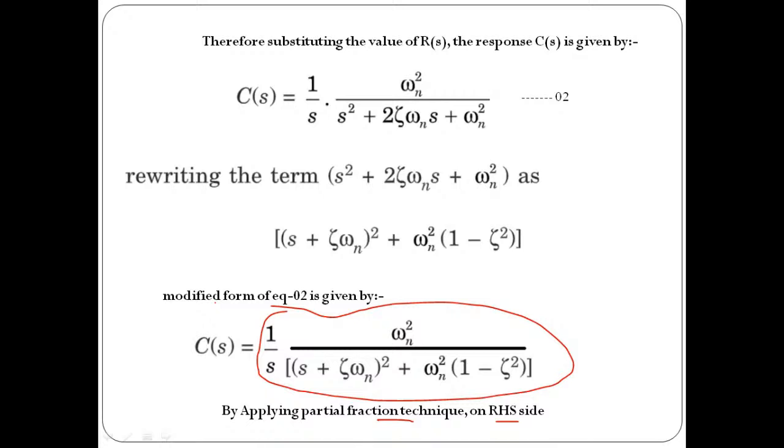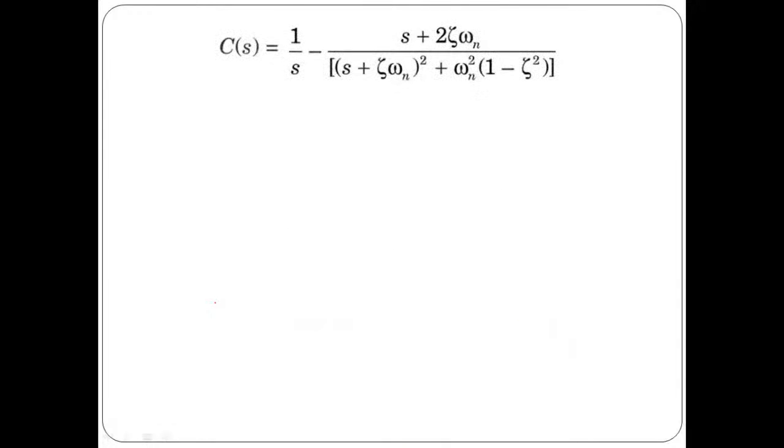How to do that? We can make the necessary arrangement by writing A upon s plus (Bs plus C) upon the entire bracket. If you apply partial fraction technique, you will get this as an output.